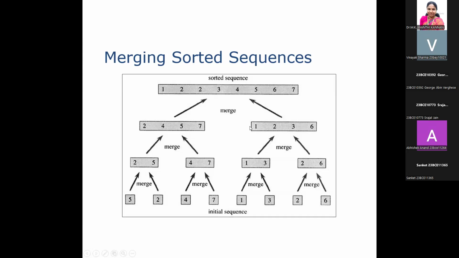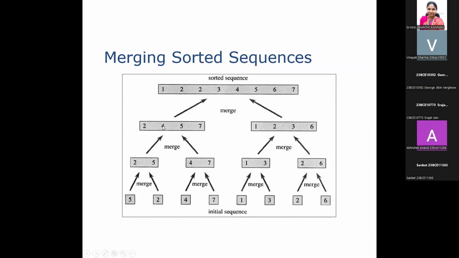When we compare 2 with 1, 1 is small compared to 2, so keep the 1 in the first place, 2 in the second place. Again 2 is compared with 2. Both are the same, keep 2 and 2. Then compare 2 with 3. 2 is small, keep 2 first, then 3 second. Then 2 is compared with 6. 2 is small, keep the 2 in its place, keep the 6 in the next place.